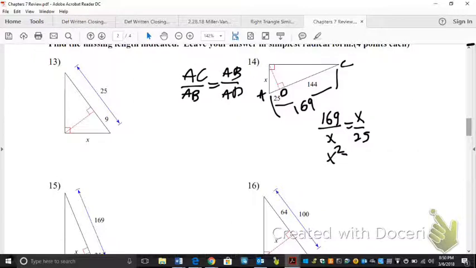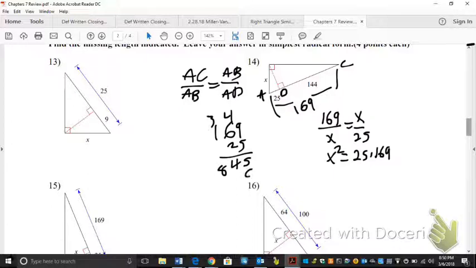Now here what I'm going to do, and this is actually what I erased back on the first page, somehow it got here. I'm going to go 169 times 25. And that's going to give me 4,225.